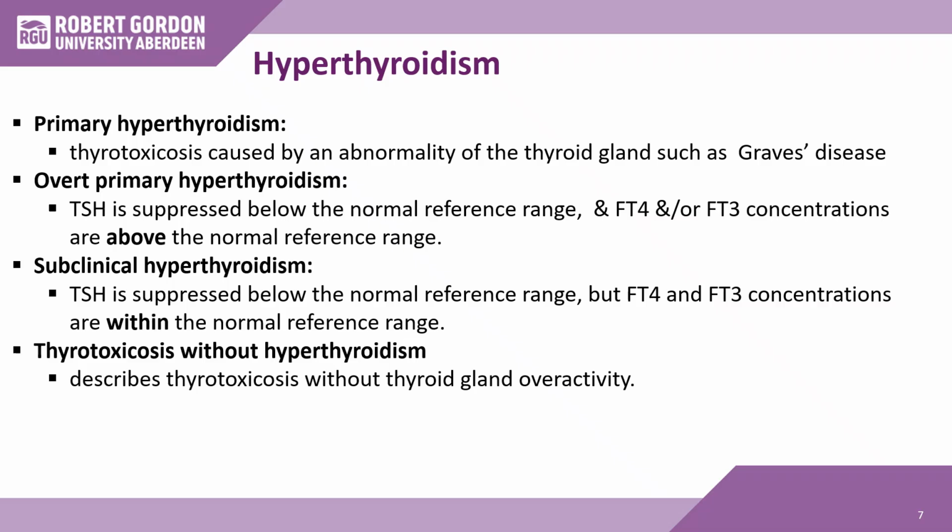When you have overt primary hyperthyroidism, you have low TSH levels, but high FT4 and FT3. In subclinical hyperthyroidism, the TSH is also low, but you have normal FT4 and FT3. Again, this is not something we would expect you to commit to memory, but you should be able to analyze the lab results when you see them.